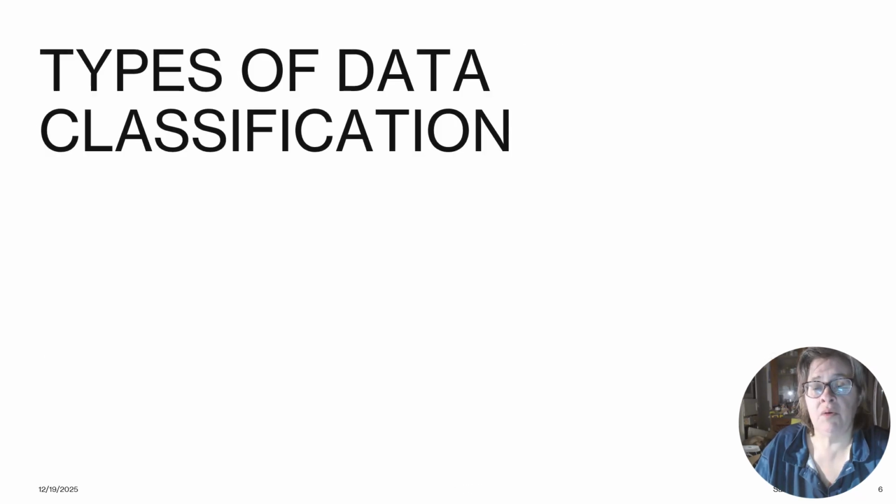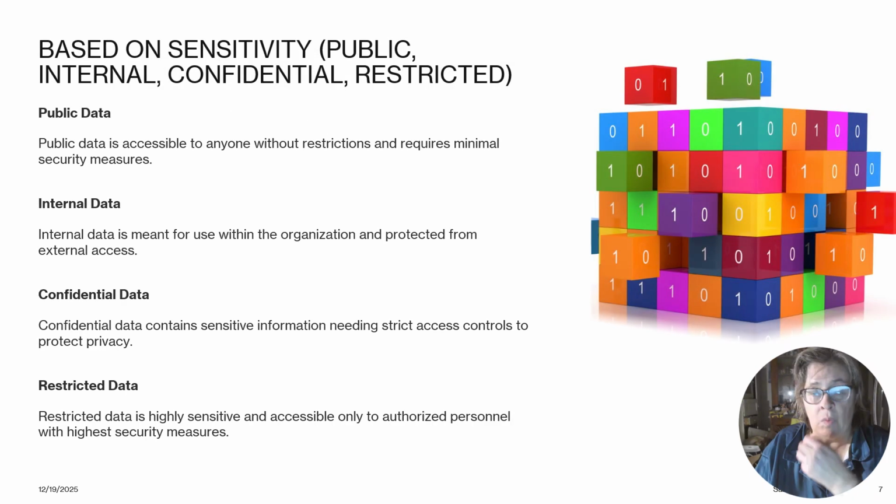In this section, we will explore different classification schemes based on data sensitivity, format, and industry-specific requirements. Data can be classified by sensitivity level, ranging from public data accessible by anyone to restricted data limited to authorized personnel, ensuring appropriate security controls are applied accordingly.